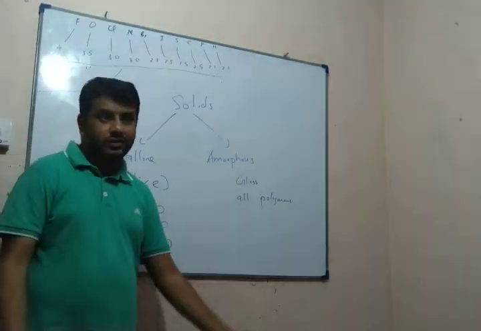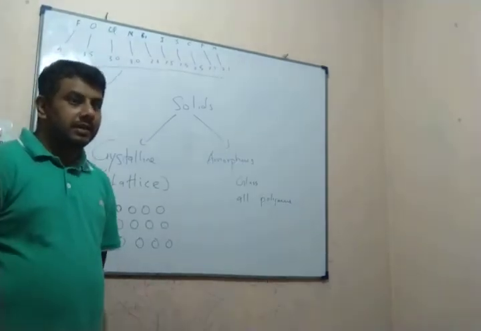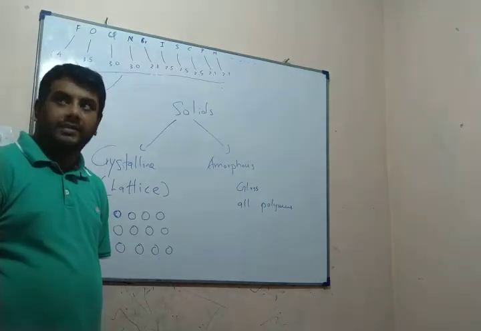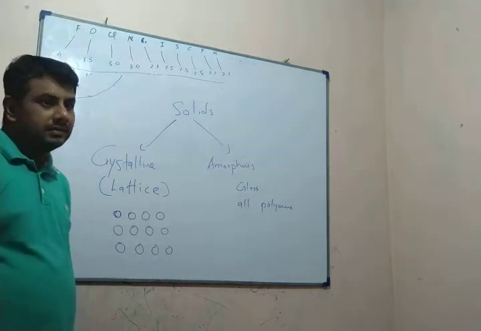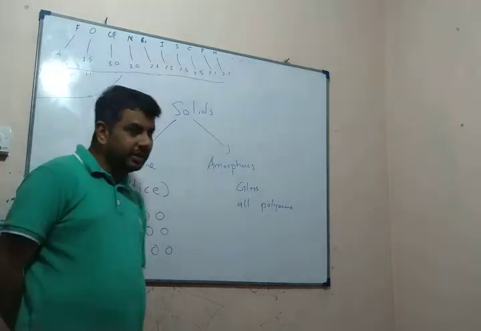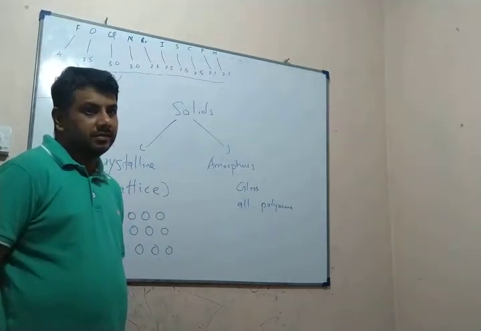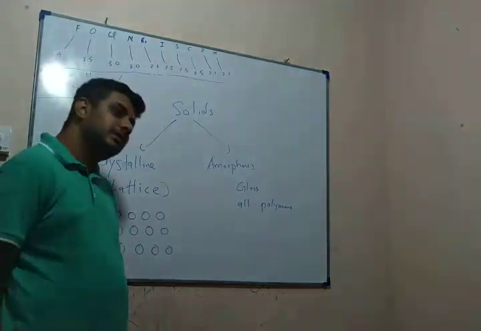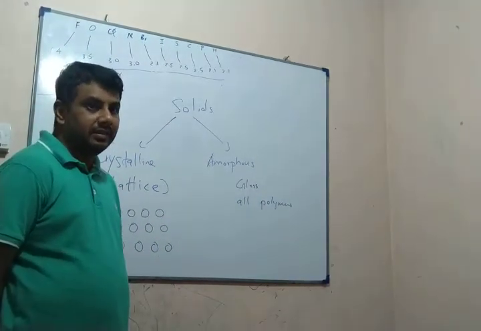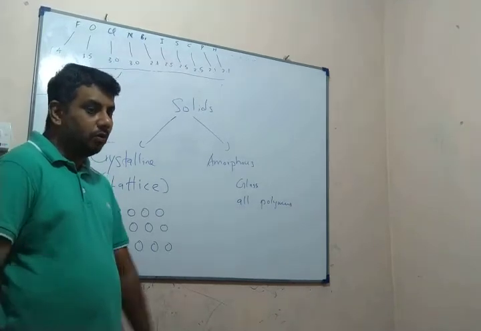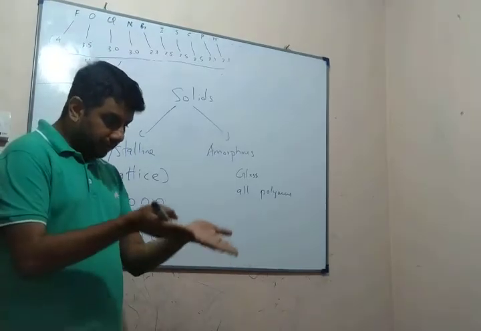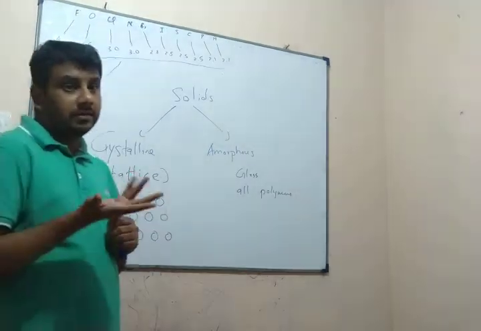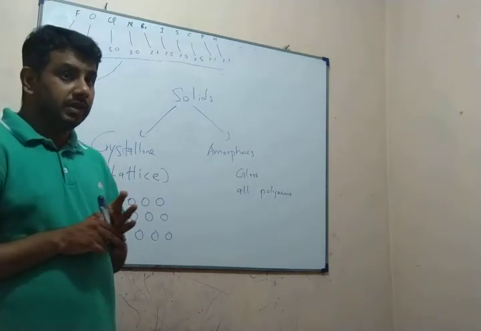But amorphous solid has no specific melting point. In glass, if you heat it, it may start to melt at just 70 degrees C and finish melting at about 120, something like that. After all the glass melts, the temperature of that liquid will be higher than the initial starting point.